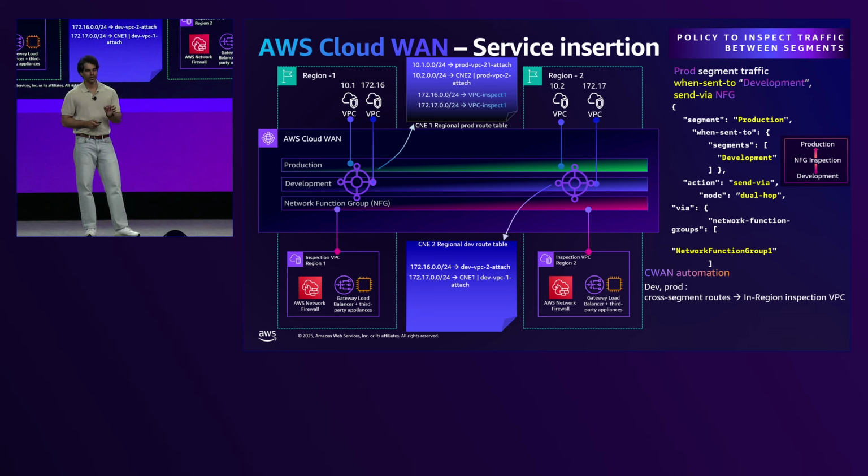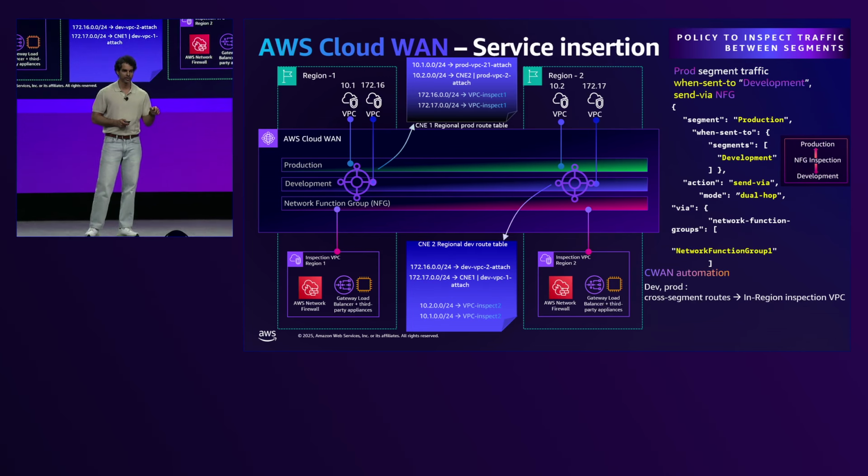Next hop is in-region inspection VPC, right? So you can see the routes are getting populated in the production route table. For my dev VPCs, next hop is VPC inspection 1 in the same region. And then you can see in CNE2, dev route table, the same thing. For my production VPCs, next hop is VPC inspect 1, which is the inspection VPC in the same region.